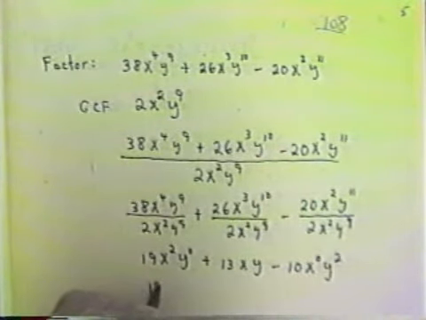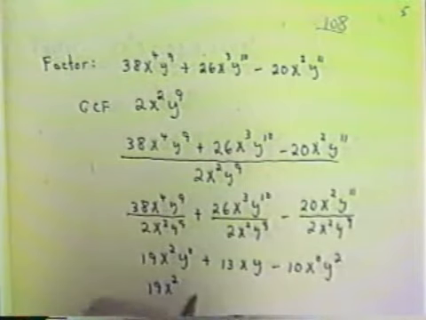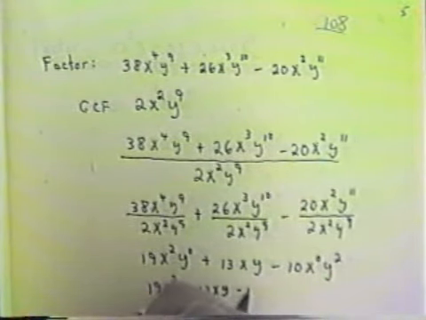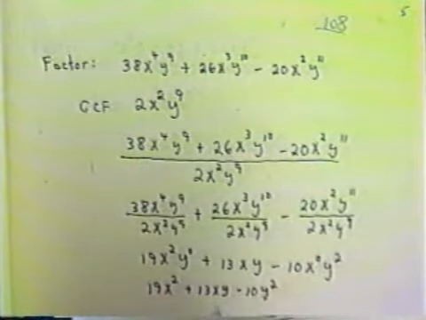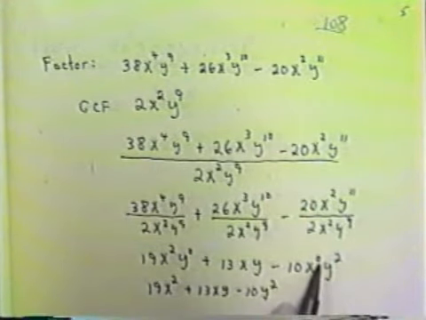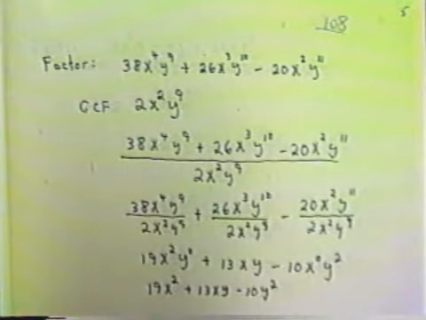So we have 19x squared plus 13xy minus 10y squared. Again, y to the 0 is 1, so 19x squared times 1 is 19x squared. 10 to the 0 is 1, so 10 times 1 is 10. Now don't stop now, because that's not the answer.